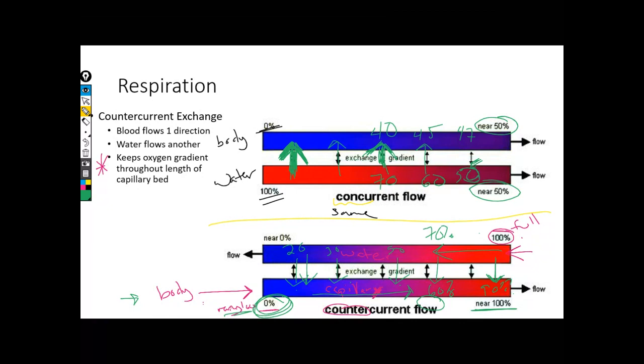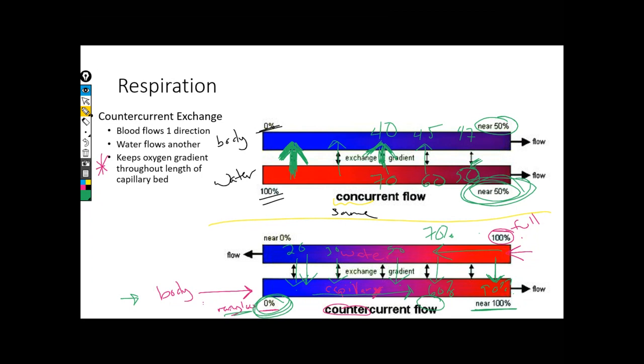So when we were kind of close down here, or up here, like when we left, we were near 100. When the blood is leaving up here, we're near 50%. So our blood is not going to be able to get full.